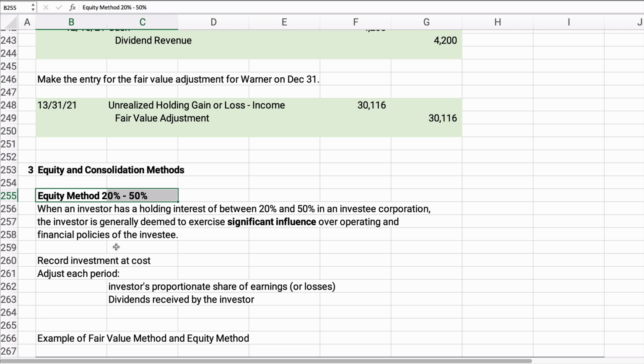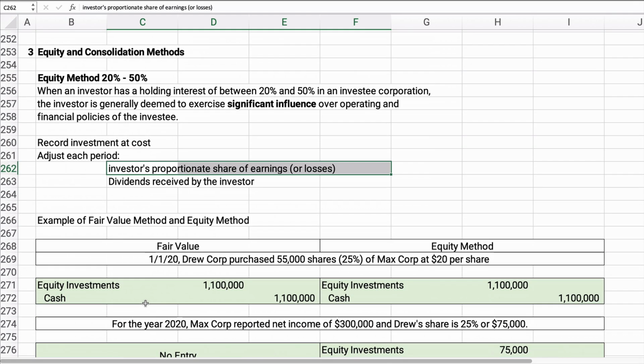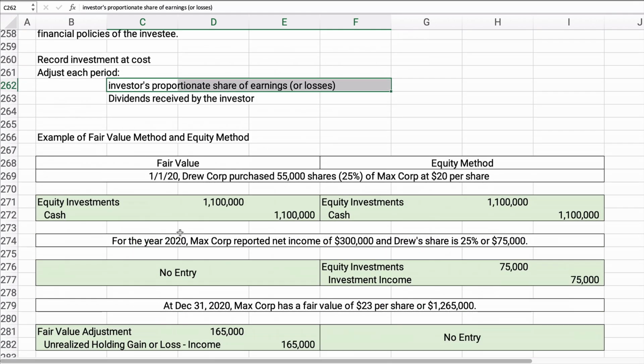We're going to record the investment at cost, and each period we're going to pick up the investor's proportionate share of earnings or losses, and we're going to pick up the dividends. We're no longer tied into the price of the stock because we own 20% of the company, or 27%, or 34%, or whatever it is. So an example is going to be very helpful here.